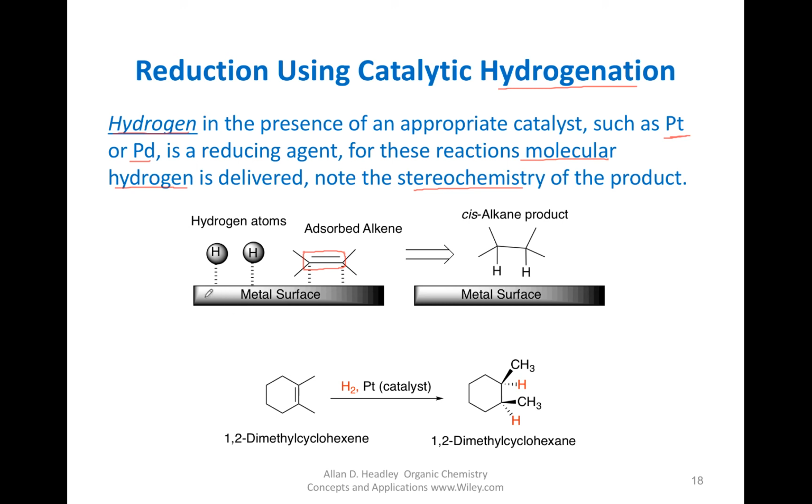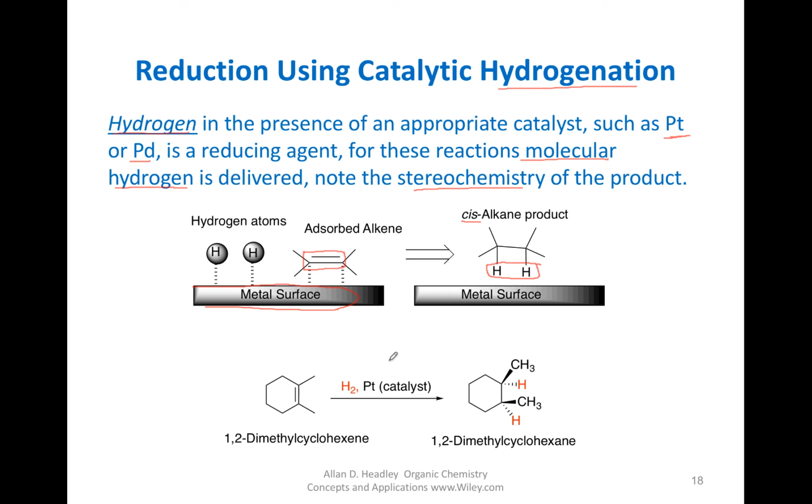So this just gives you an illustration of why the stereochemistry occurs, or the outcome of the stereochemistry. Here's the metal surface, which could be platinum or palladium. It holds the alkene in place and also the hydrogen in place. So what it does, it delivers the hydrogen on the same side of the alkene. So it's called a cis addition or a cis product.